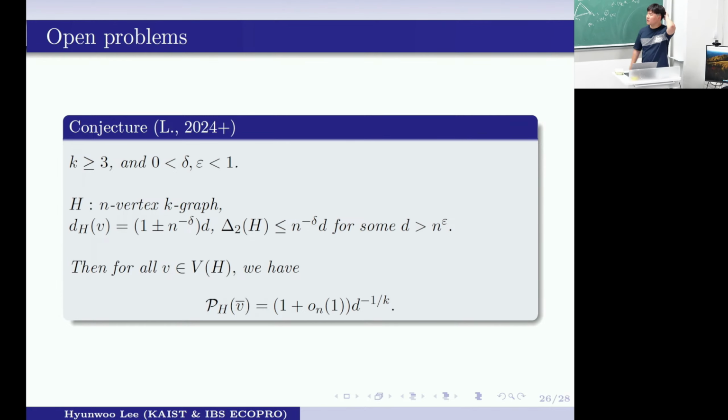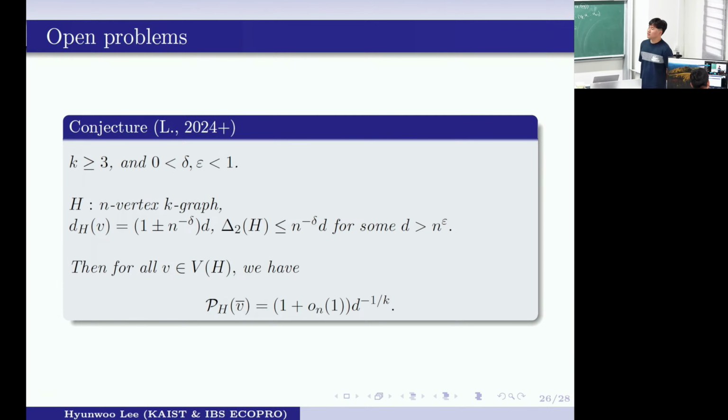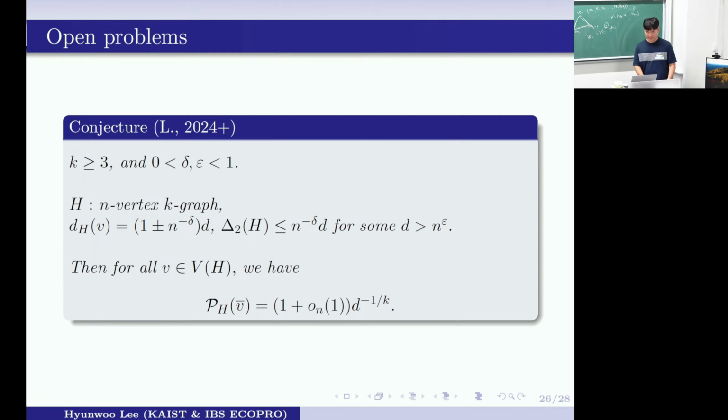There also seem to be lots of consequences especially in design theory and some embedding problems. So I pose this conjecture, and if it is true, it has lots of interesting consequences, I think.